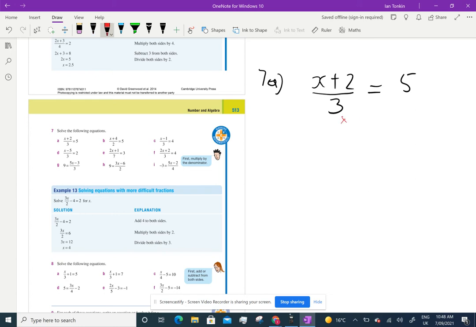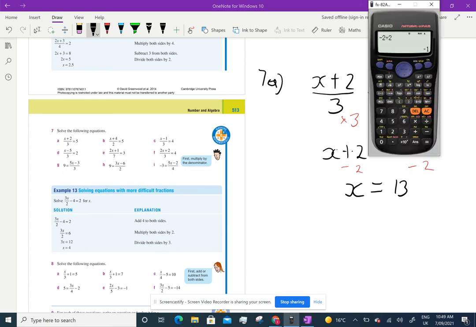So we're going to multiply by 3 and multiply by 3. And multiplying by 3 gets rid of it on the left-hand side. So we're just left with x plus 2. And 3 times 5, 15. And now I minus the 2. That gets rid of it on the left. And the x is now by itself. I've taken all the things off and away from the x. And 15 minus 2 is 13.